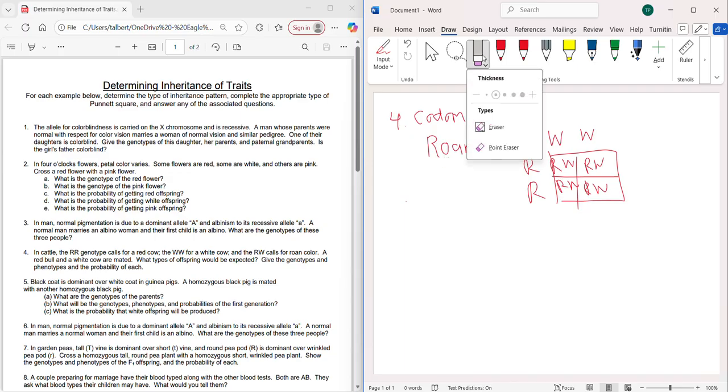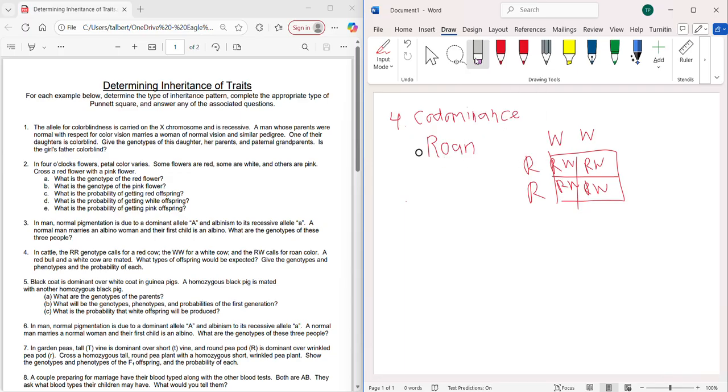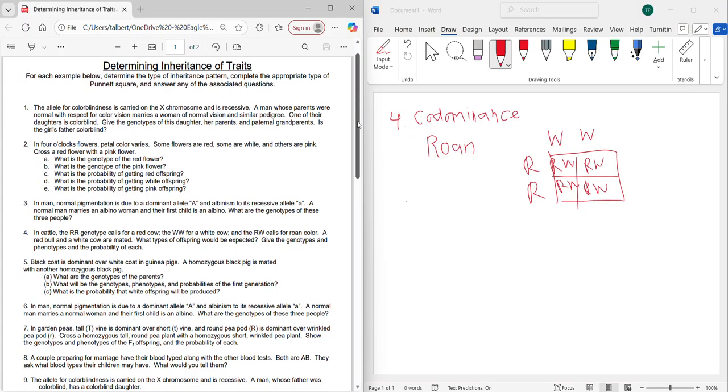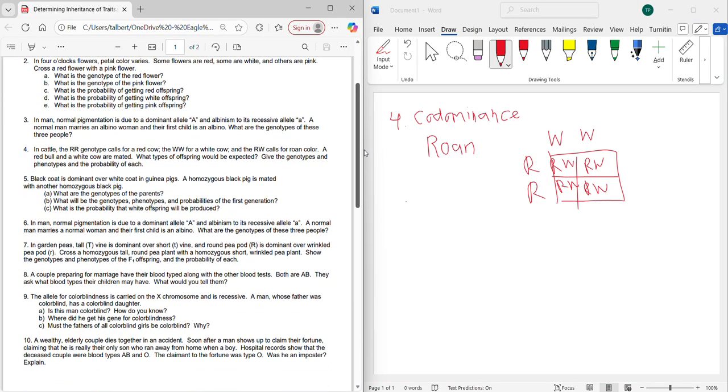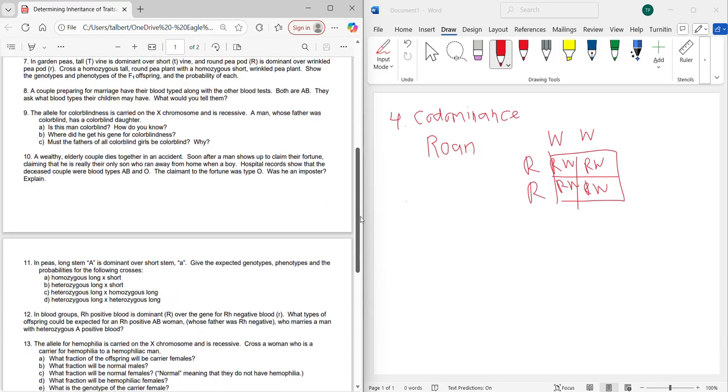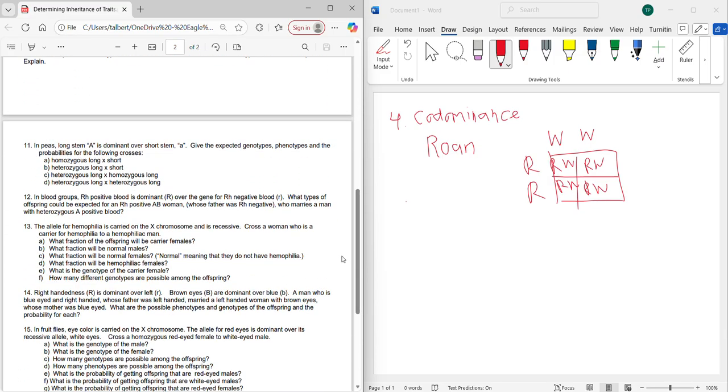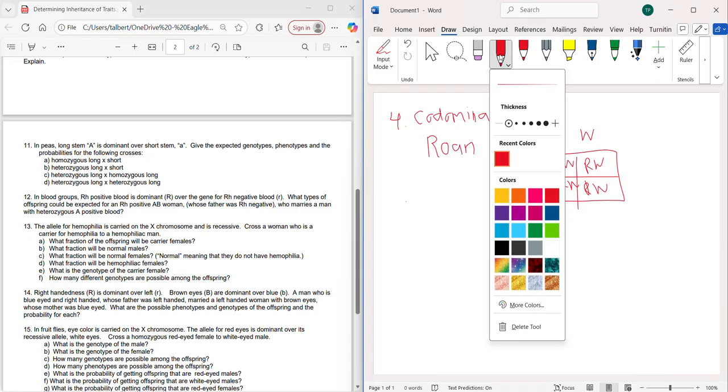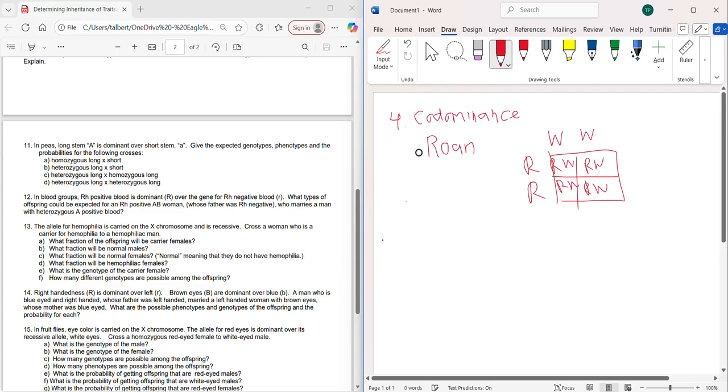If I could erase. Okay, and then one more that I'm going to do. I'm going to take a look at number 13. The allele for hemophilia is carried on the X chromosome and is recessive.